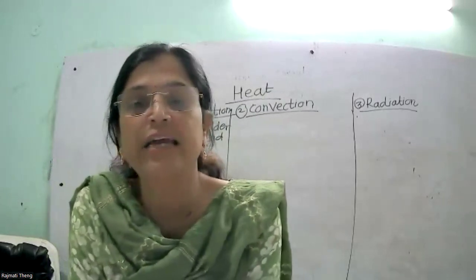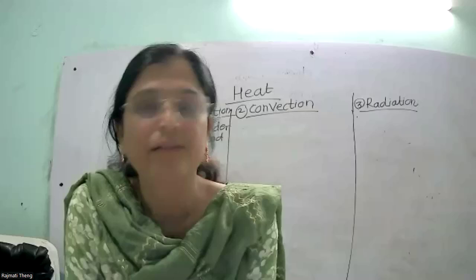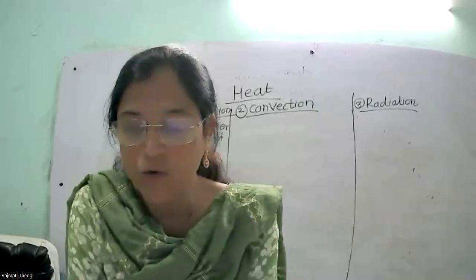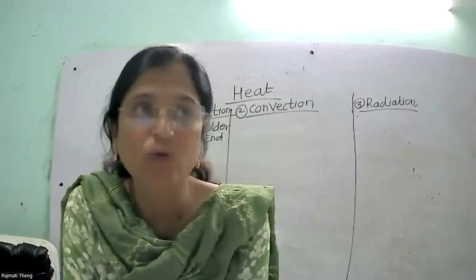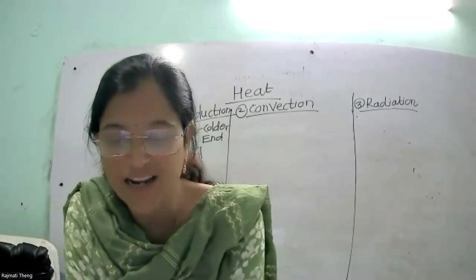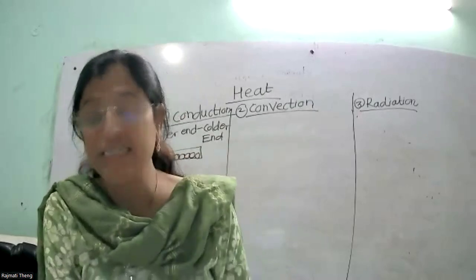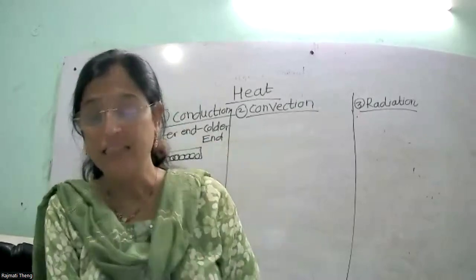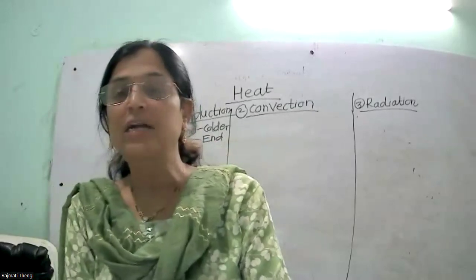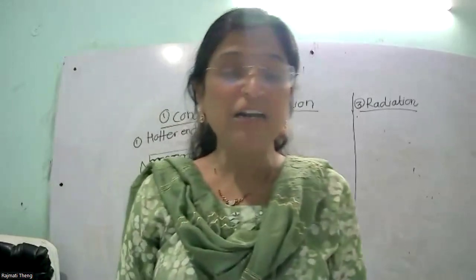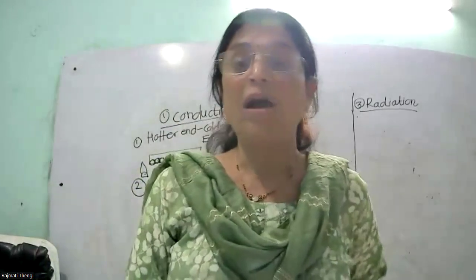गुड कंडक्टर है, हीट फास्टली कंडक्ट होगी. द मटेरियल विच अलाउ द हीट टू पास थ्रू देम आर कॉल्ड गुड कंडक्टर. फॉर एग्जाम्पल मेटल्स आर गुड कंडक्टर, सो हीट उनमें से इजीली पास हो जाती है. Then bad conductor, the material which do not conduct the heat, they are called bad conductor of heat.